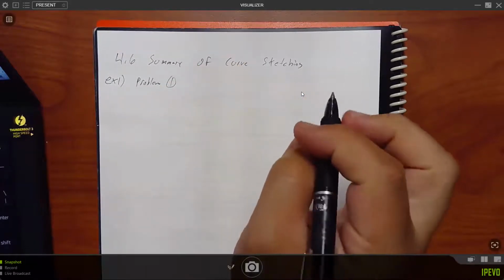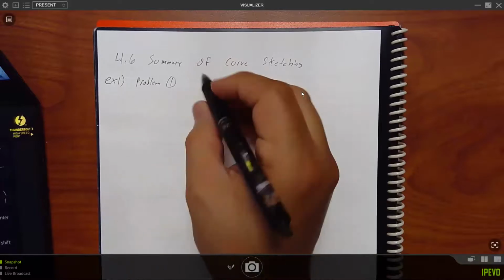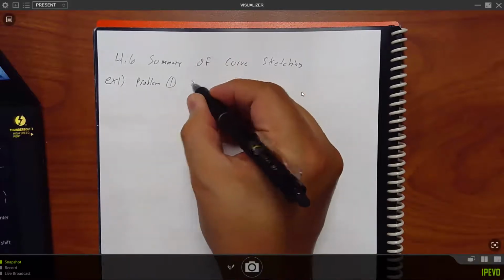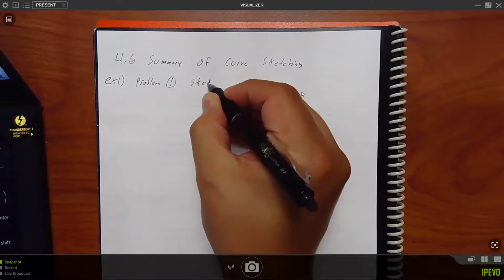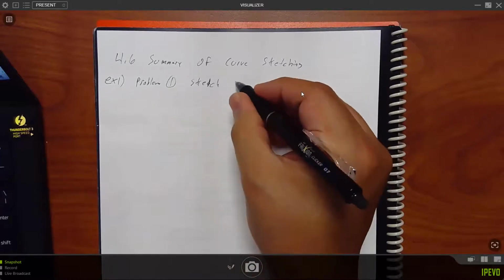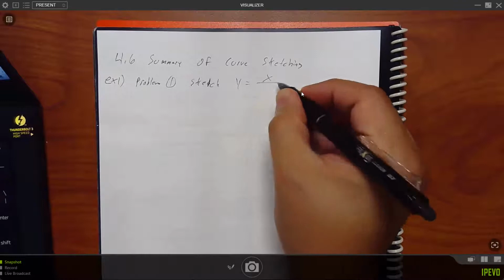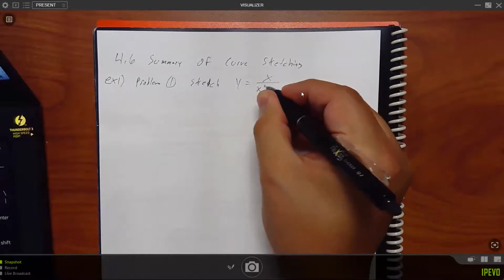Okay, sketch y equal to x over x squared plus 4.